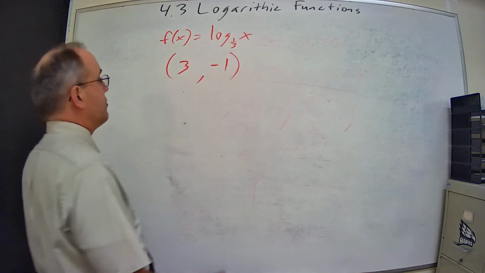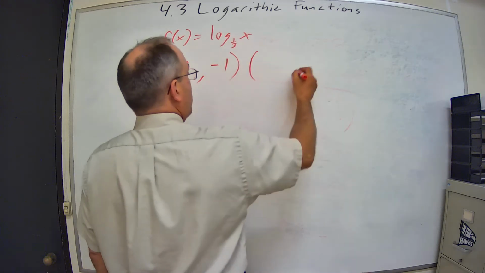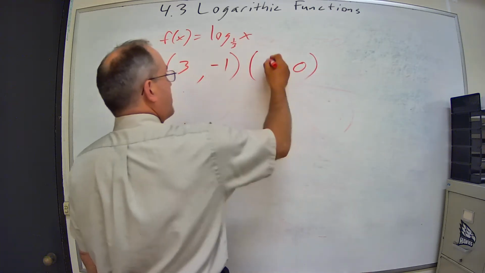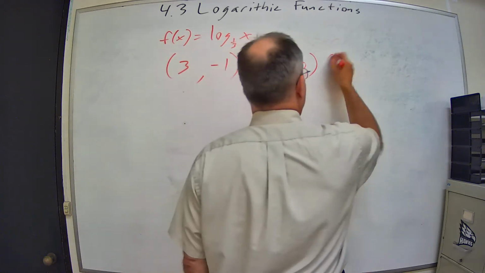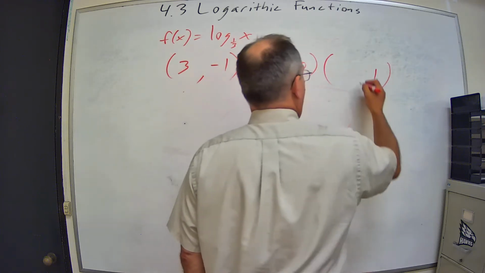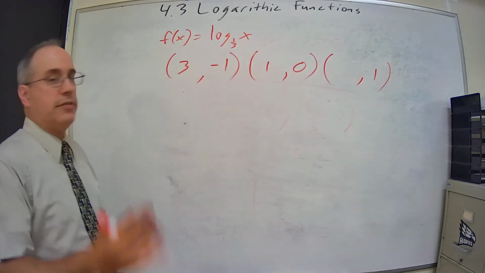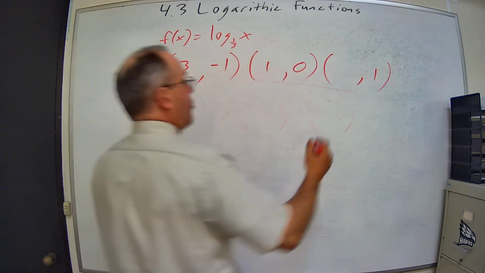Reciprocal of 1/3 is 3. For y equal to 0, x is equal to 1. For y equal to 1, x is equal to a, or 1/3.